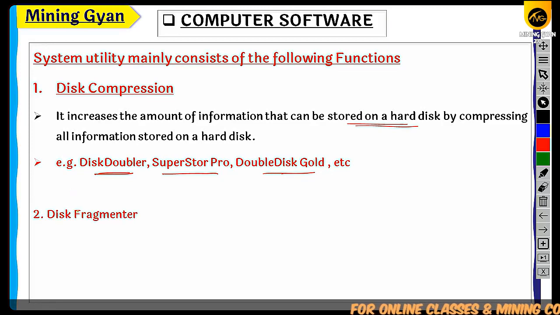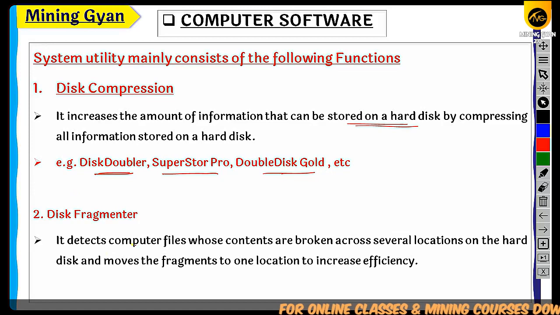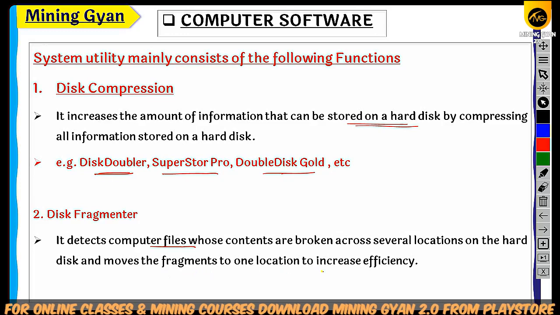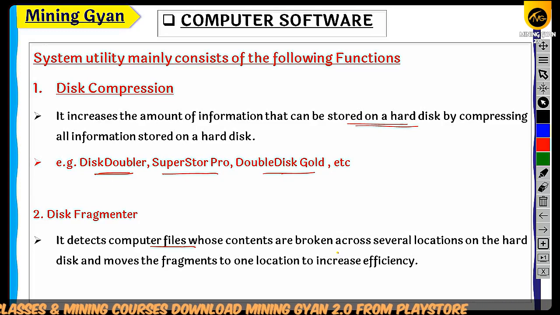Okay, the next one is the disk fragmenter. It detects computer files whose content is broken across several locations on the hard disk and moves the fragments to one location to increase efficiency. So basically, disk fragmenters are a type of utility used to find all those locations where some file is broken or there are errors that affect the performance of the computer.